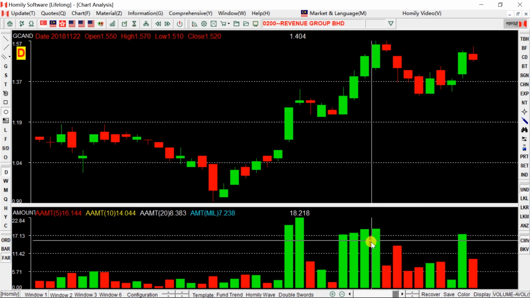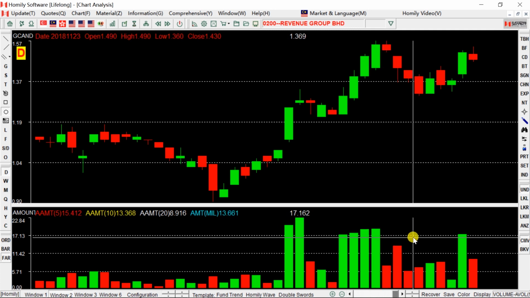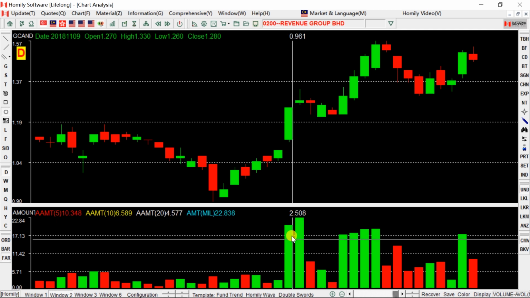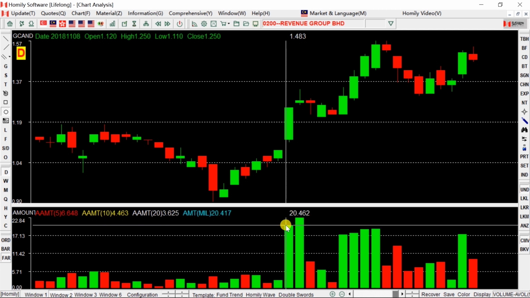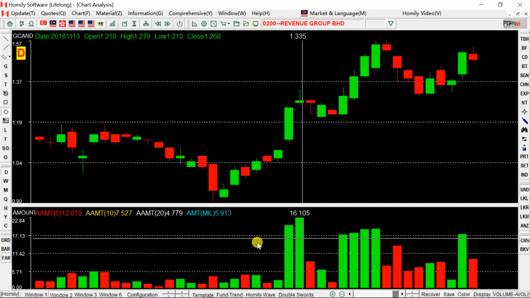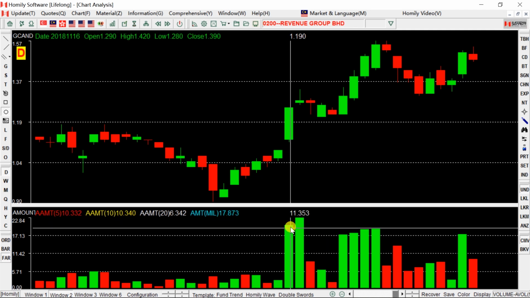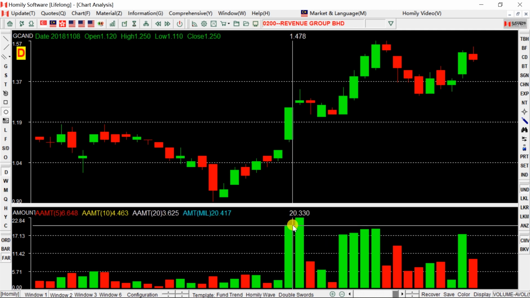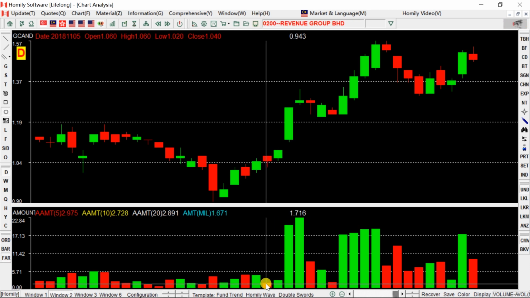Besides the color, the second part we need to learn is the height. The height of the column stands for how much the amount is. If the column is very high, that means the amount is big. If the column is very short, that means the amount is small.